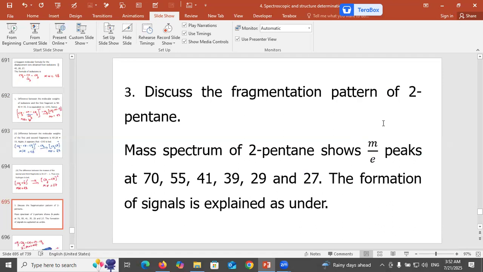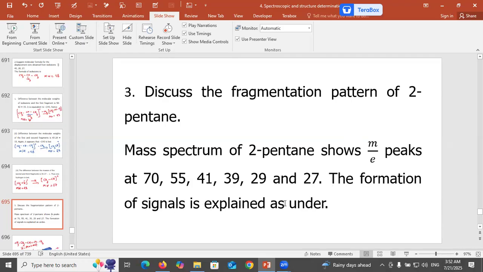Discuss the fragmentation pattern of 2-pentene. The mass spectrum of 2-pentene shows m/e peaks at 70, 55, 41, 39, 29, and 27.